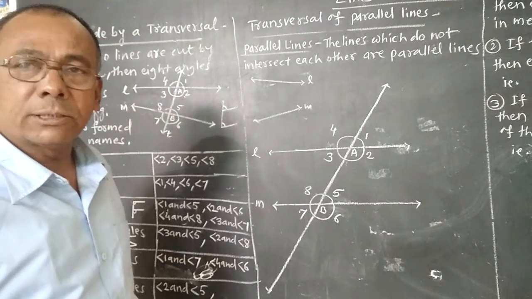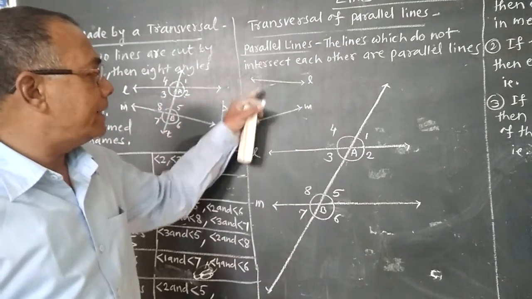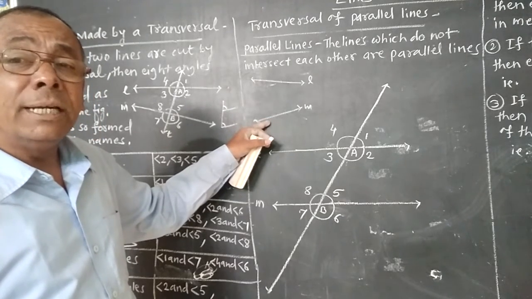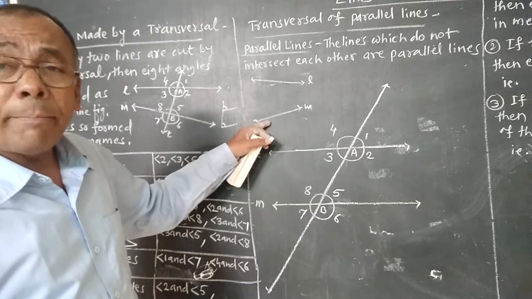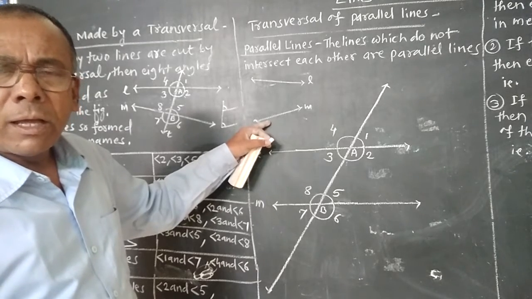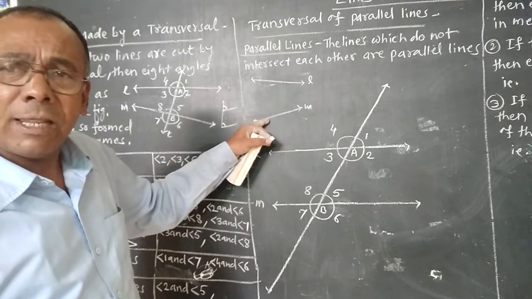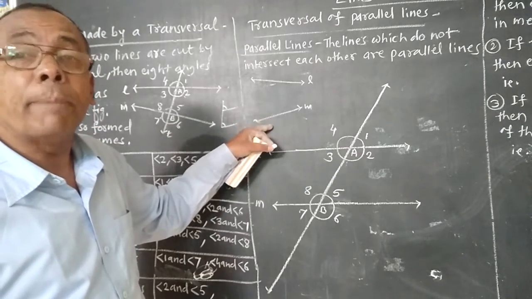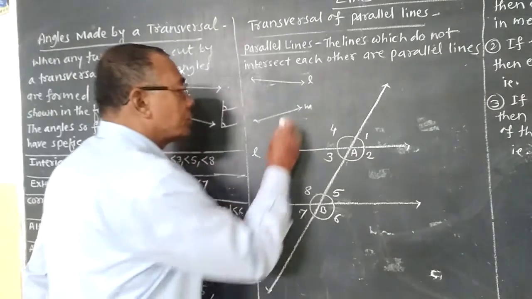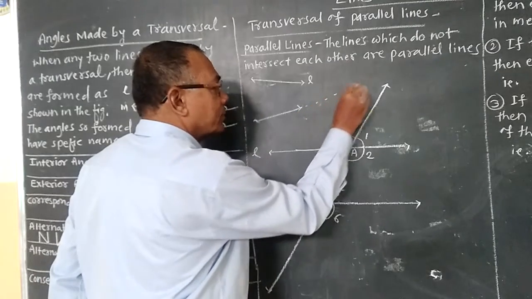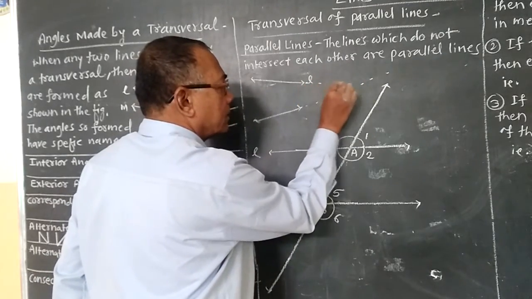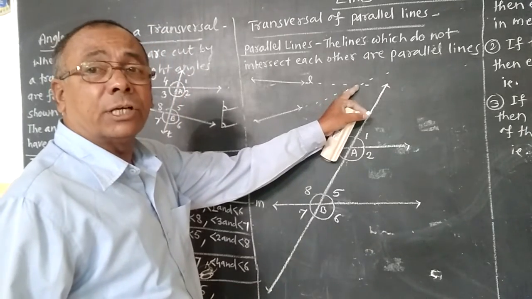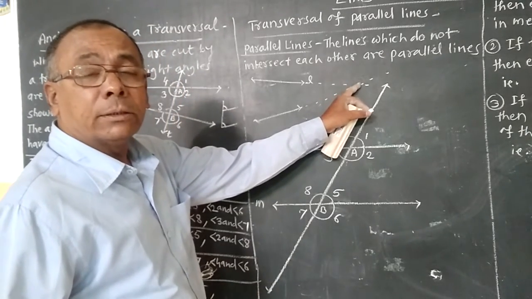Here I have drawn two lines, line L and line M. They are not intersecting each other, so are these parallel lines? Are these two lines parallel? The answer is that they are not parallel, because if we produce these lines, then it is seen that they are intersecting each other at a point.